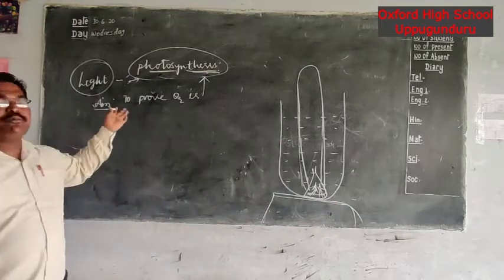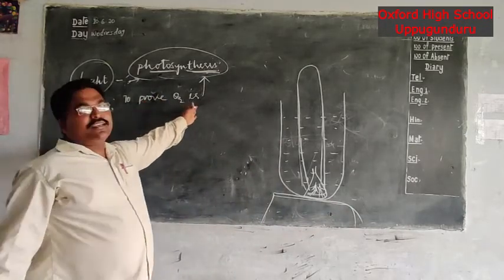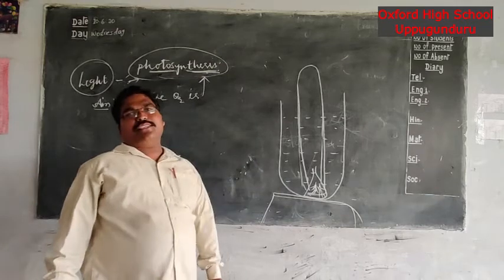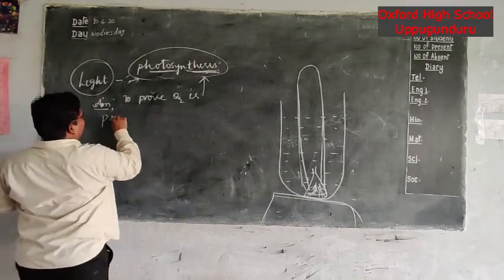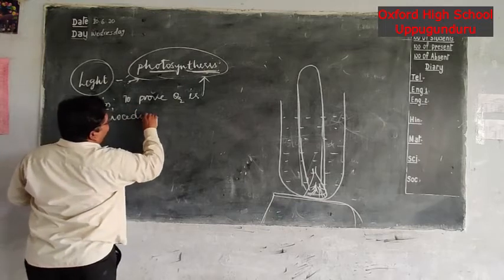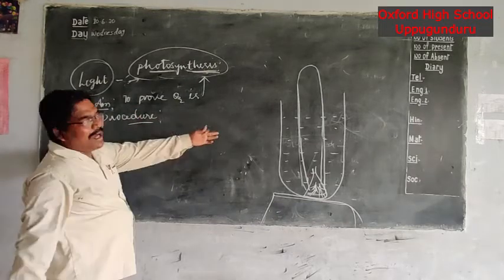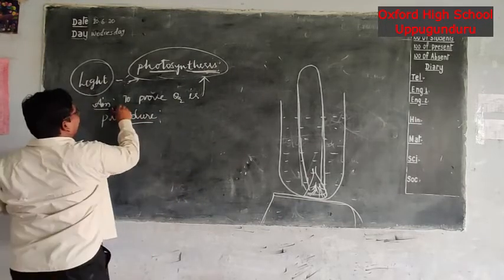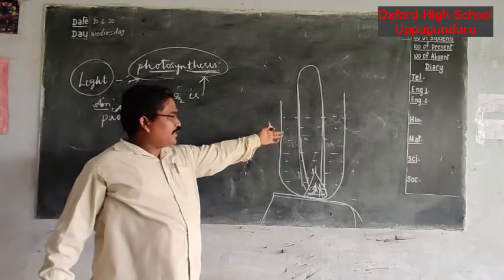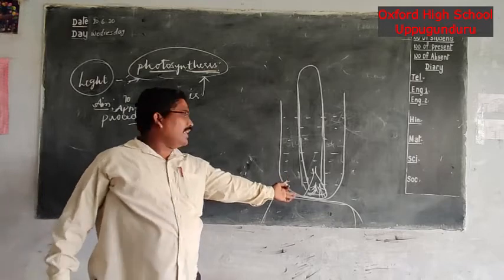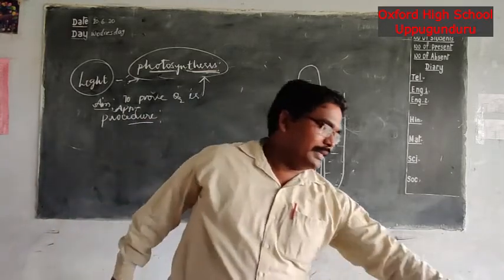So the aim of the experiment is to prove that oxygen is released during photosynthesis. Now the procedure. I have already told you the apparatus: beaker, water, test tube, short stem funnel and hydrilla plant.